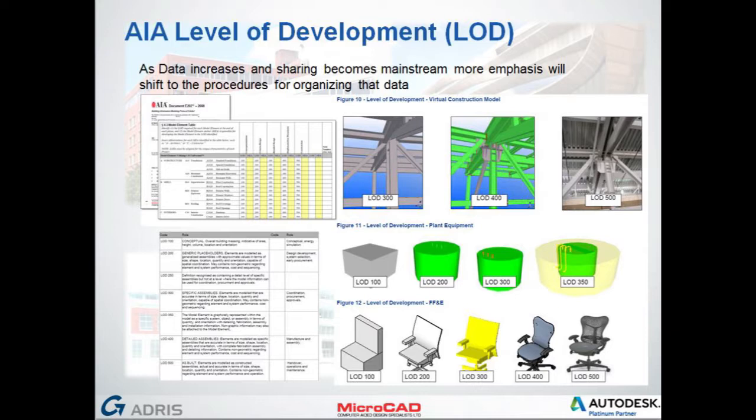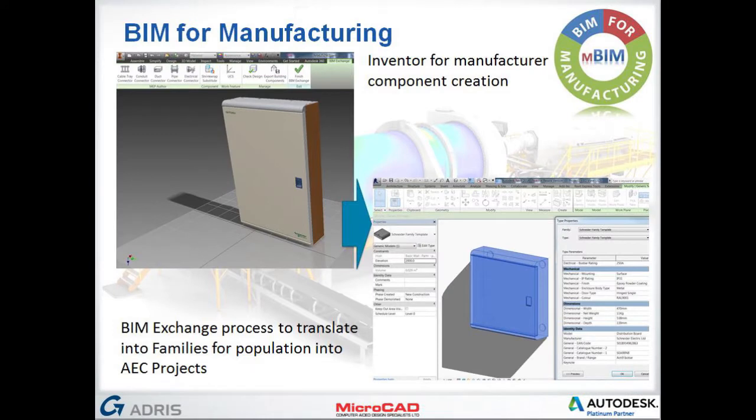This was just a quick one on manufacturing, really, just to understand that BIM these days is not just talking about architects and engineers. Manufacturers' details are now starting to be produced as BIM-ready families, so that, like here, you can see a door is going to be ready to drop into a BIM model from a manufacturer.